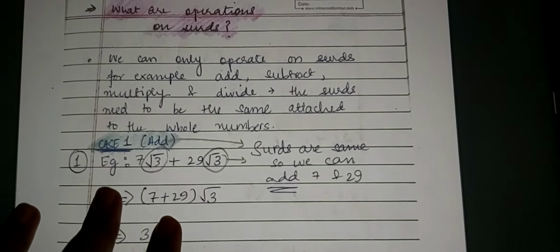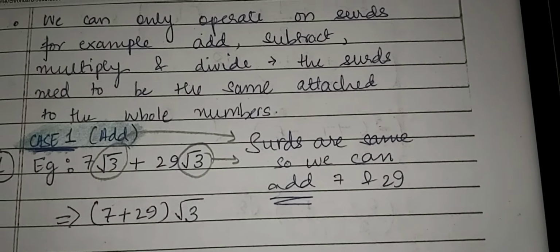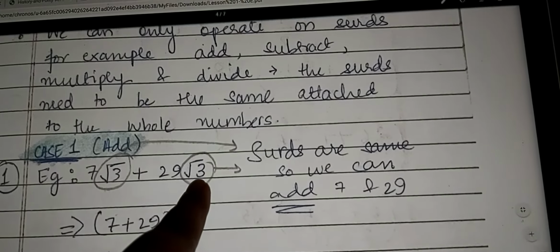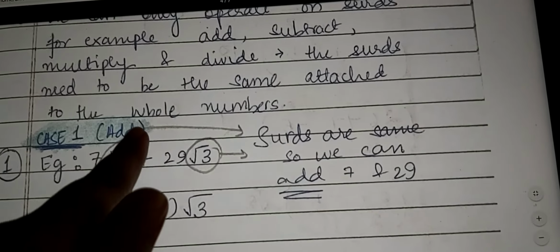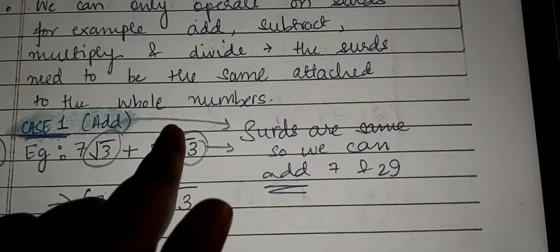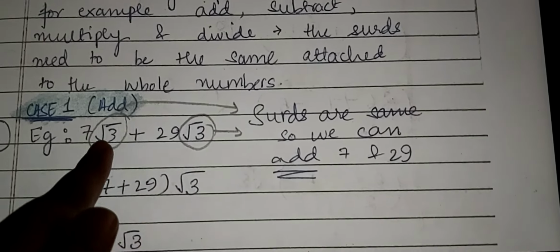Now look, I'm going to see the sum of addition. 7 square root 3 plus 29 square root 3. The surds, which are basically our square roots, are the same.